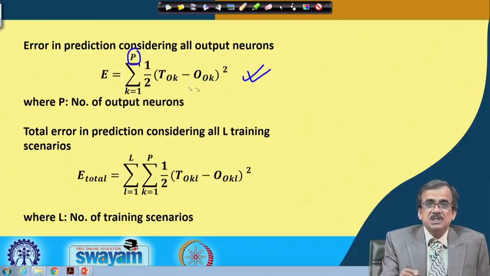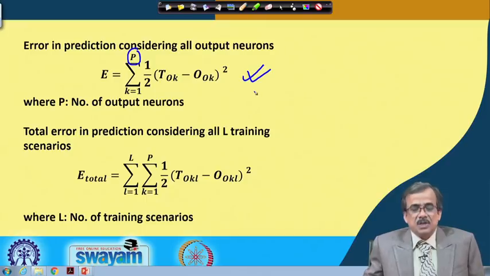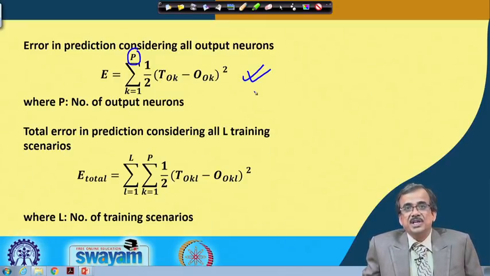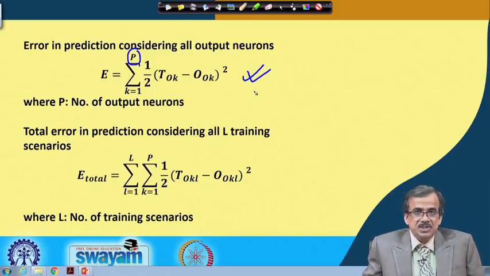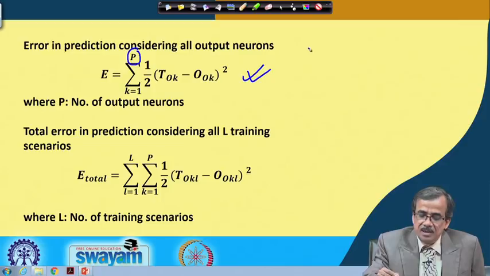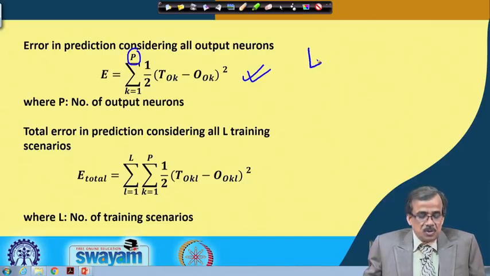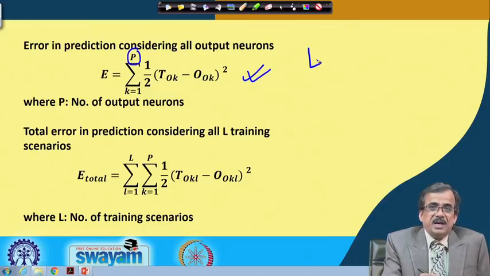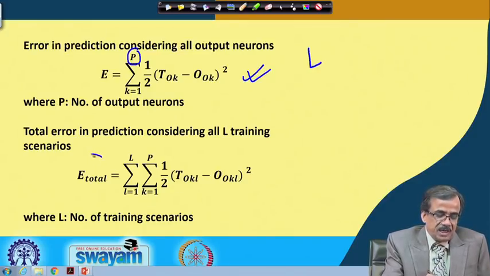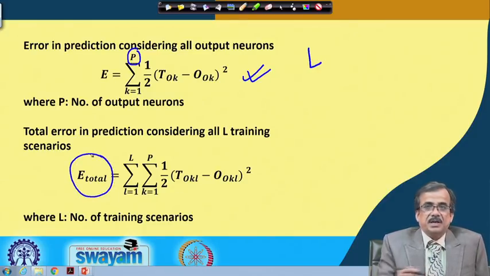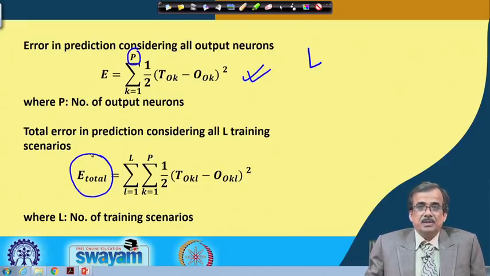Now, this total error corresponds to only one training scenario, that means only one set of inputs and outputs. Supposing that we have capital L number of training scenarios, we will have to pass all the training scenarios one after another, and we can find out the total error after passing all capital L training scenarios, denoted by E total.